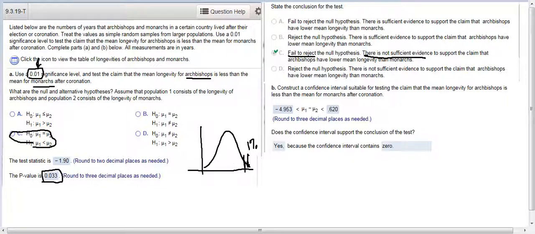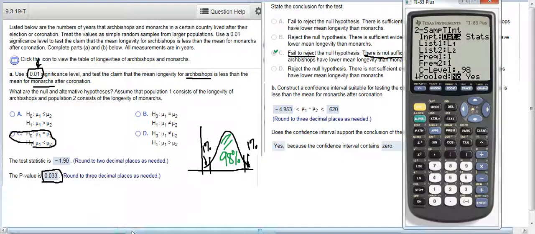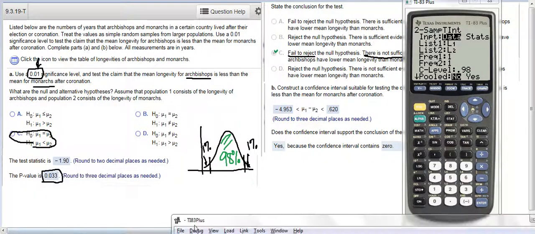So we give another 1% on the other end to show the balance, and that leaves 98% in the middle. If we've got 1% on the top end and 1% on the bottom end, then 98% is what's in the middle. That is why the confidence level on the calculator should be 0.98.